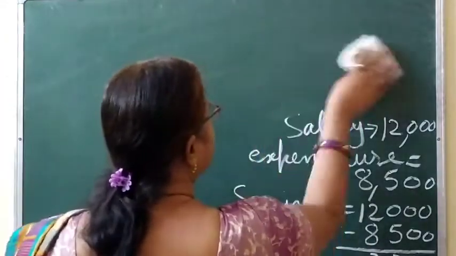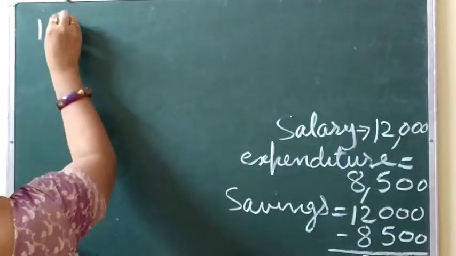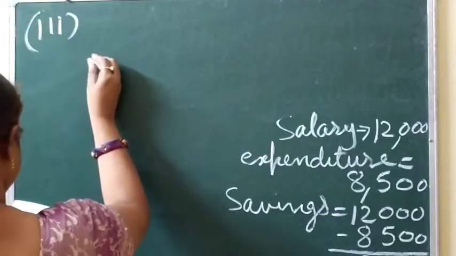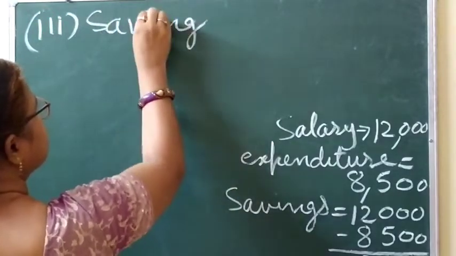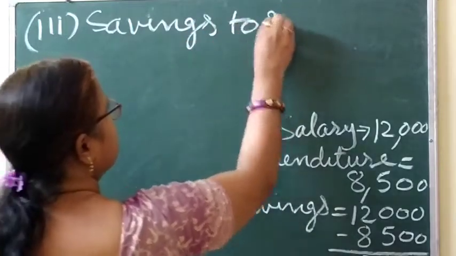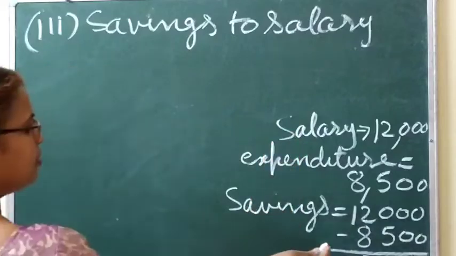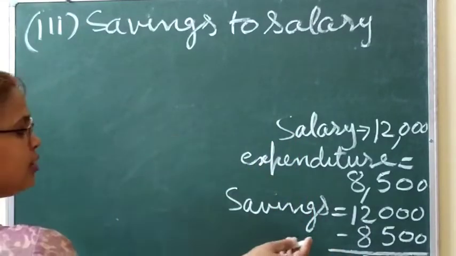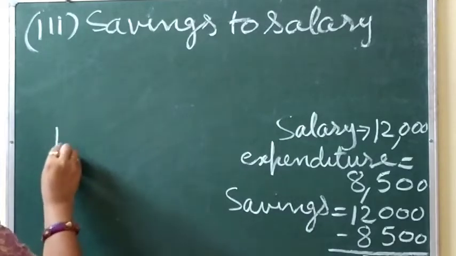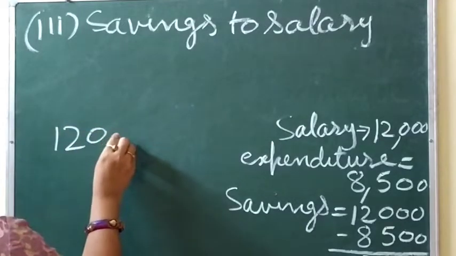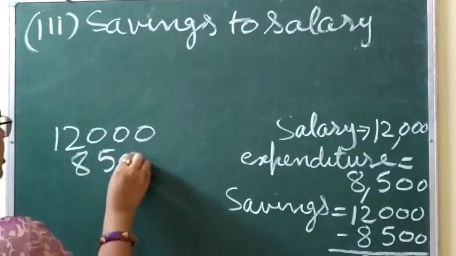Now the next sub part, sub part 3, is savings to salary. Savings is 3,500. And how did we get 3,500? Once again I am doing the subtraction here. This is the salary and the expenditure is 8,500.